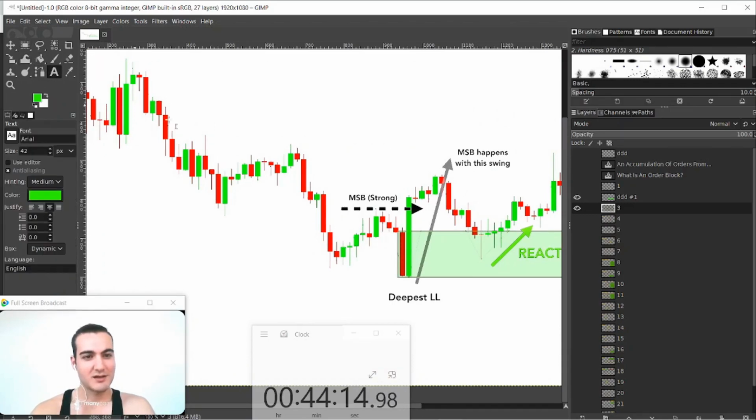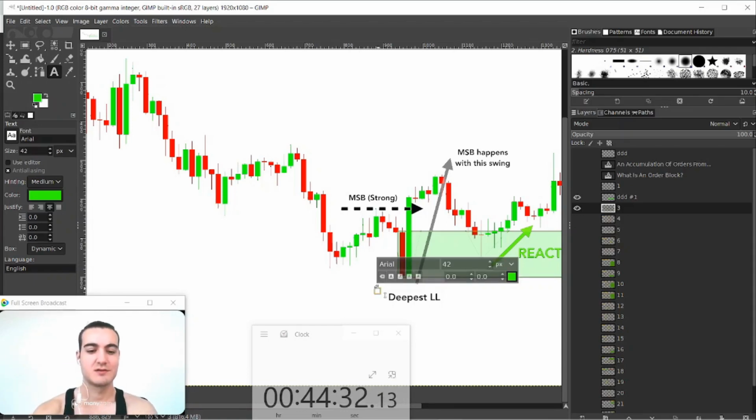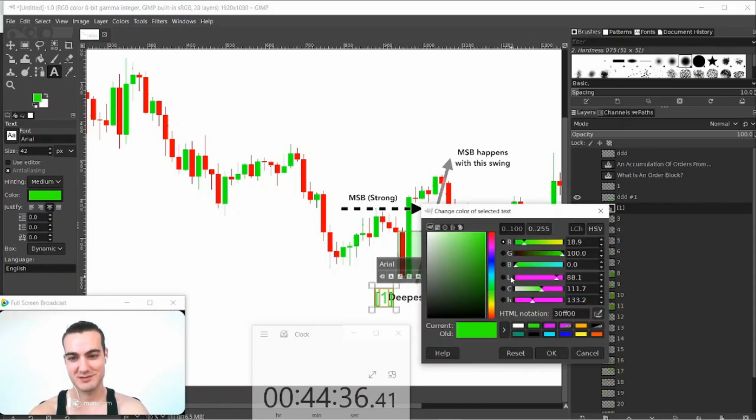And I'm going to add in points 1 through 4 that we use to identify market structure break because he doesn't make note of them here except for this arrow. So point 1, identify the lowest low. Oh, we don't want green, we want purple.